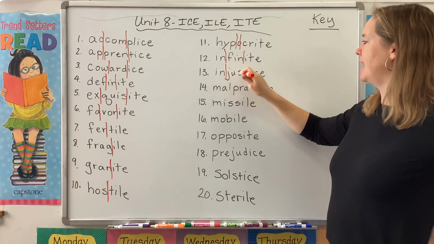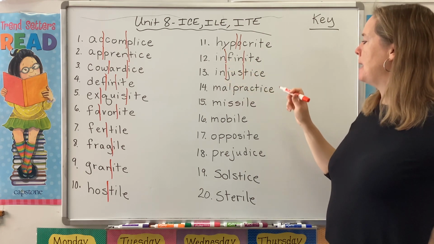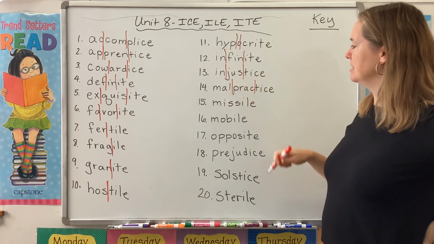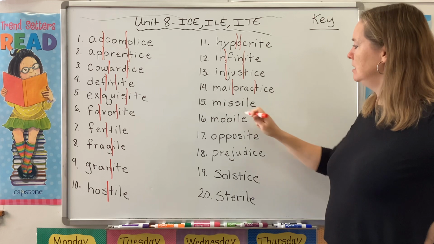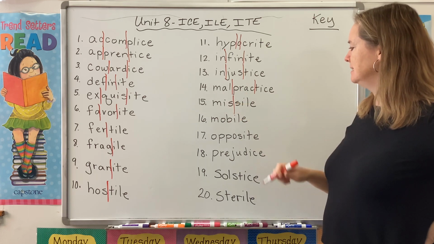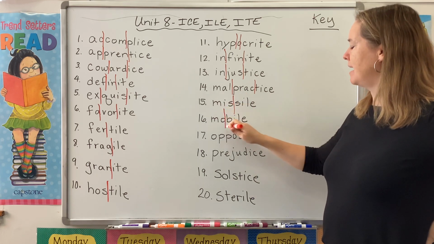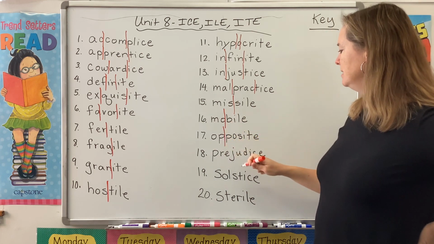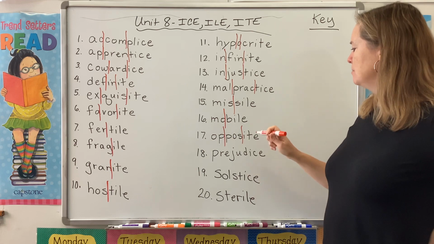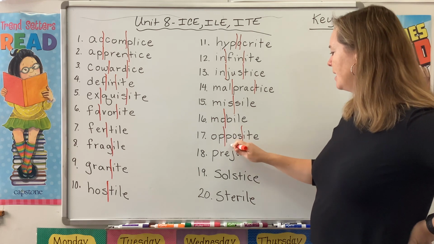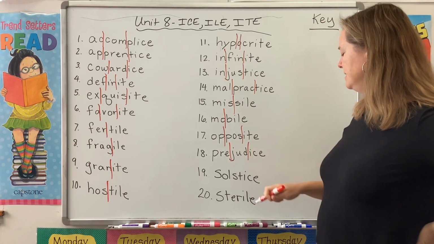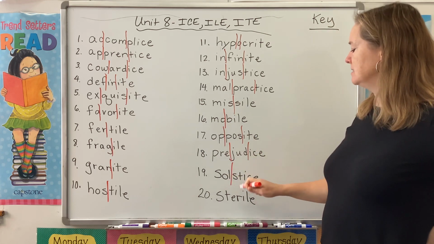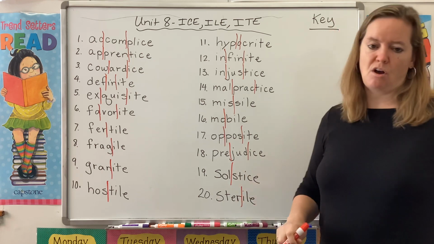Injustice, after the N, after the S. Malpractice, after the L, after the C. Missile, between the S's. Mobile, after the O. Opposite, between the P's and after the S. Prejudice, after the E and after the D. Solstice, after the L, and sterile, after the R.